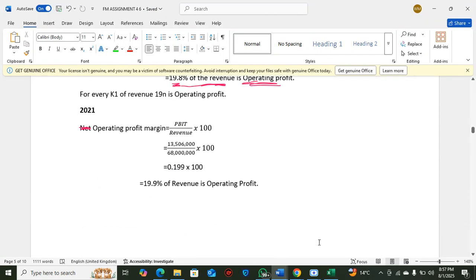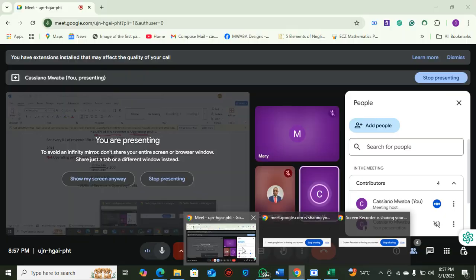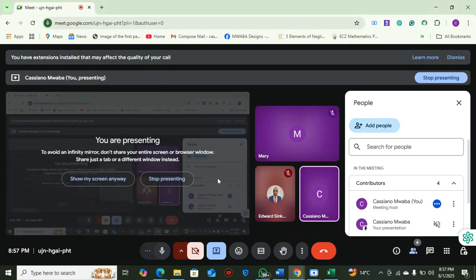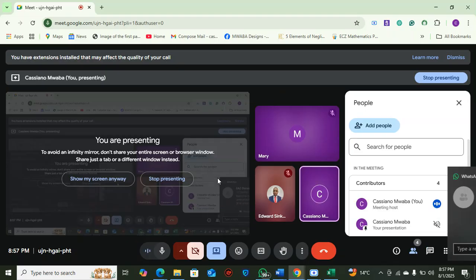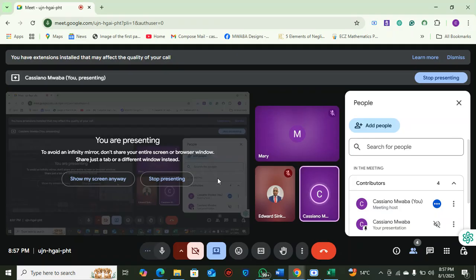So with these liquidity ratios, you want to see, can I cover my current liabilities with my current assets? If you can cover your current liabilities with your current assets, you're in a good position. When liabilities fall due, you'll be able to pay them off and remain with some change, which we call the working capital.